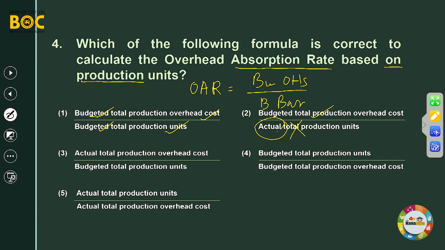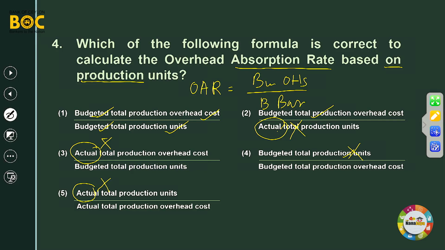Third one, it says actual. Can ignore this answer. Fourth one, budgeted total production unit. Here the numerator is wrong. Fifth one, actual production unit. No, it's incorrect.